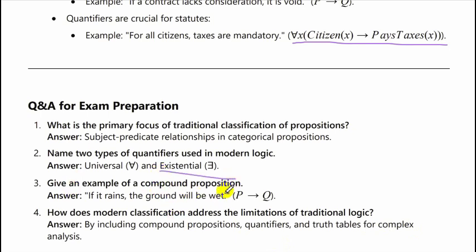Give an example of a compound proposition. If it rains, the ground will be wet. P implies Q. How does modern classification address the limitation of traditional logic? This is done by including compound propositions, quantifiers, and truth tables for complex analysis.